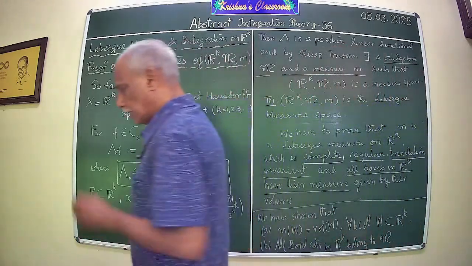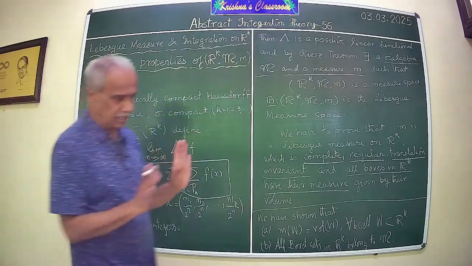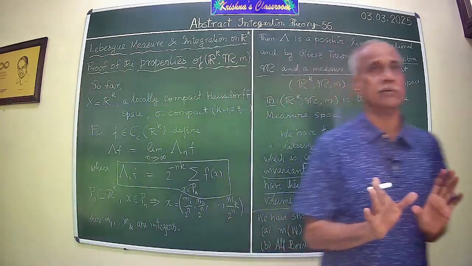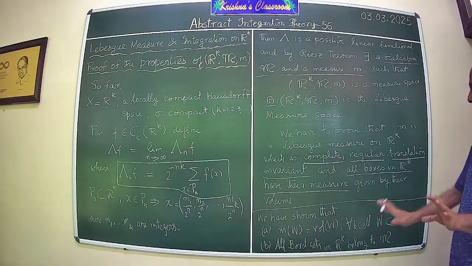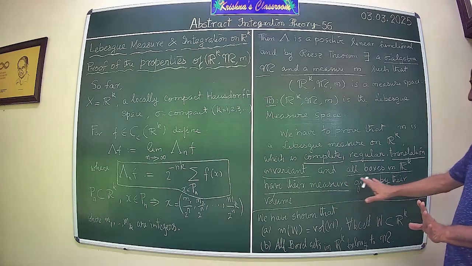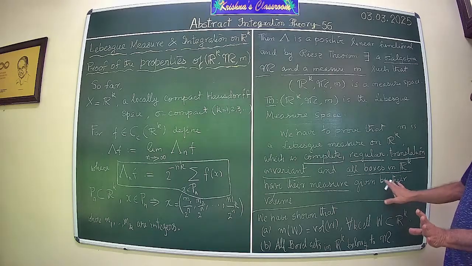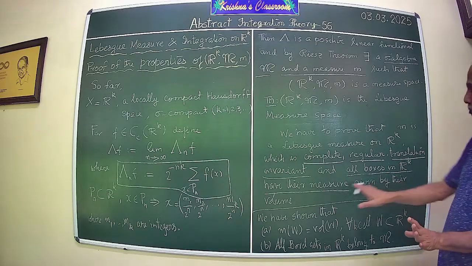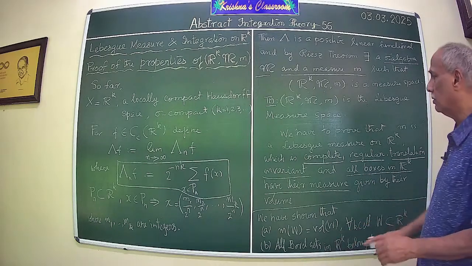For k equal to 1, for intervals, it is the length of the interval. The analogous property is that the boxes have their measure given by their volume.